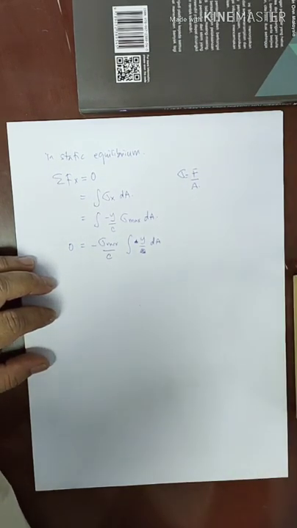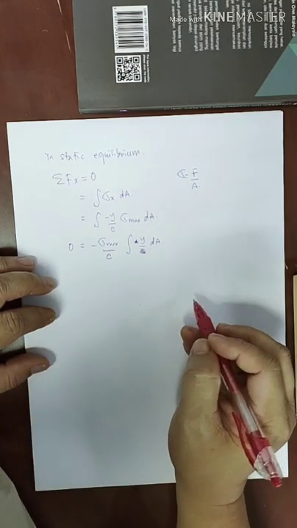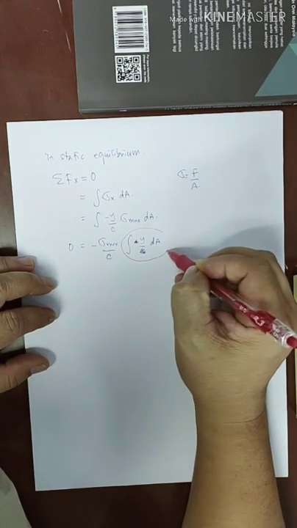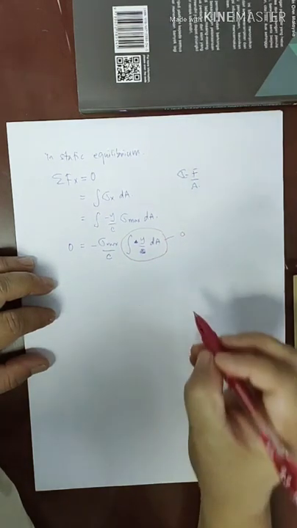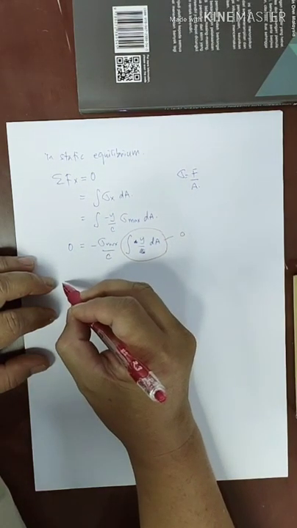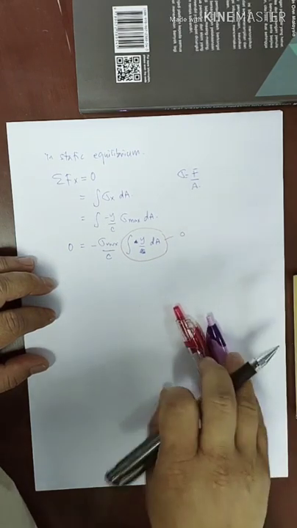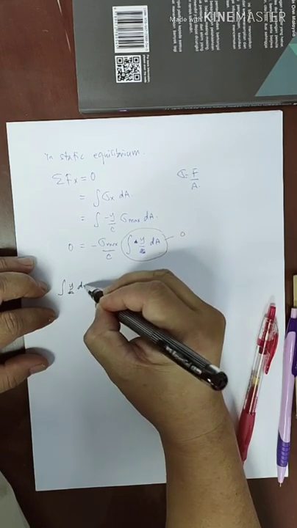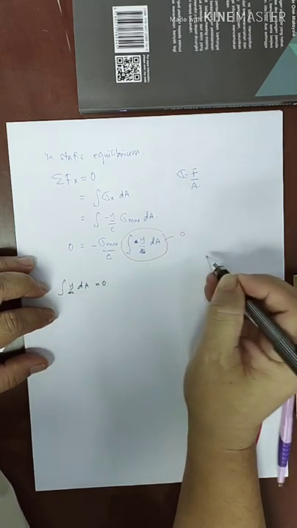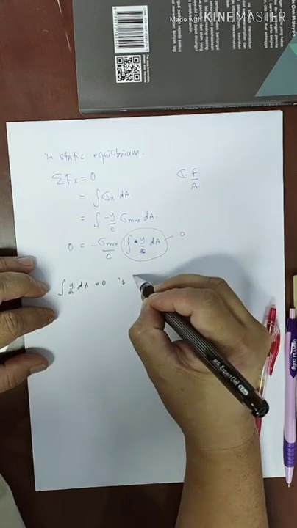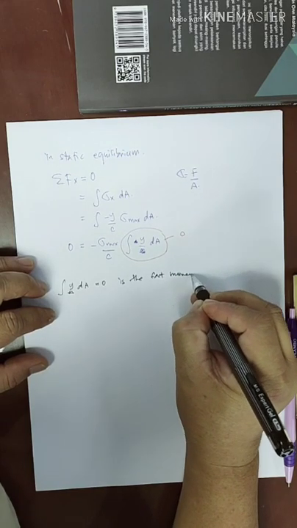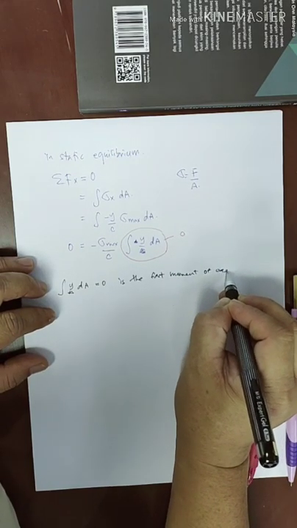So in order for the equation to be 0, this integration must be 0. In this case, the integration of y dA is the first moment of area.